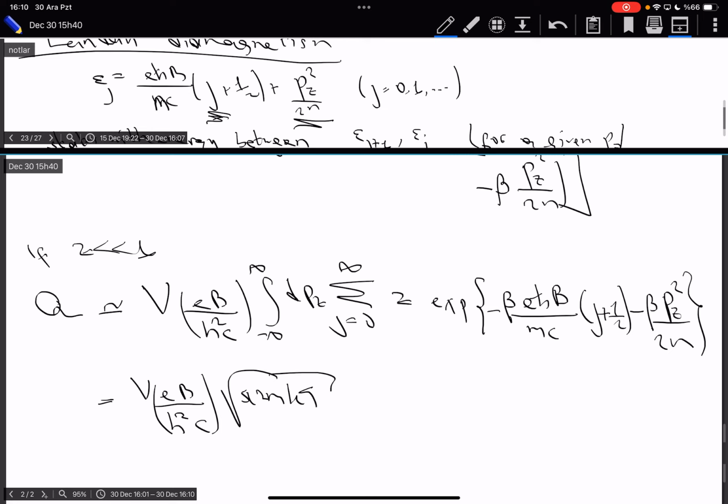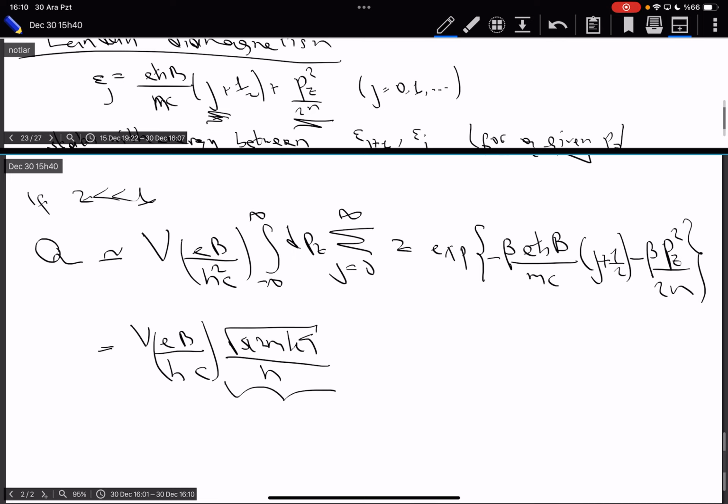Now this should be already familiar to you. This factor is nothing but 1 over lambda, the thermal wavelength. And we have a summation over j. There is a z over here.